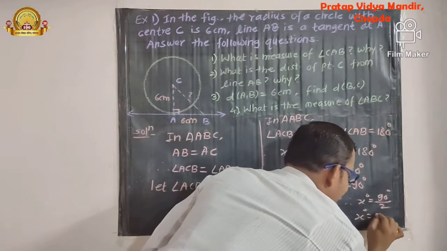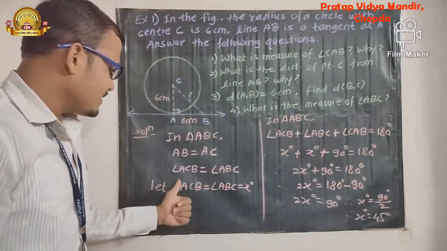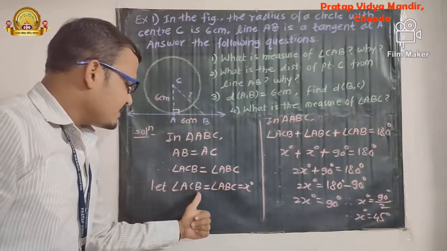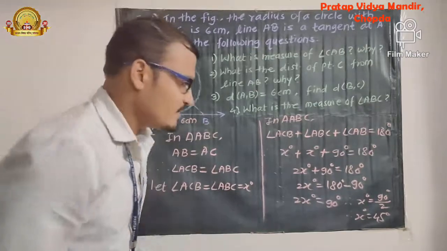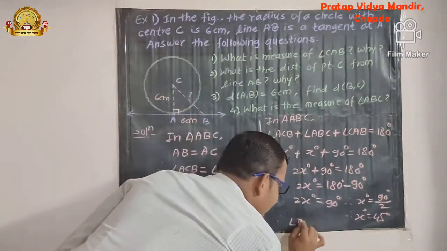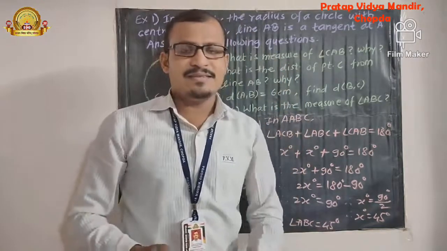Therefore x degrees is equal to 45 degrees. And we supposed that ACB and ABC are x degrees, so the measure of angle ABC is equal to 45 degrees.